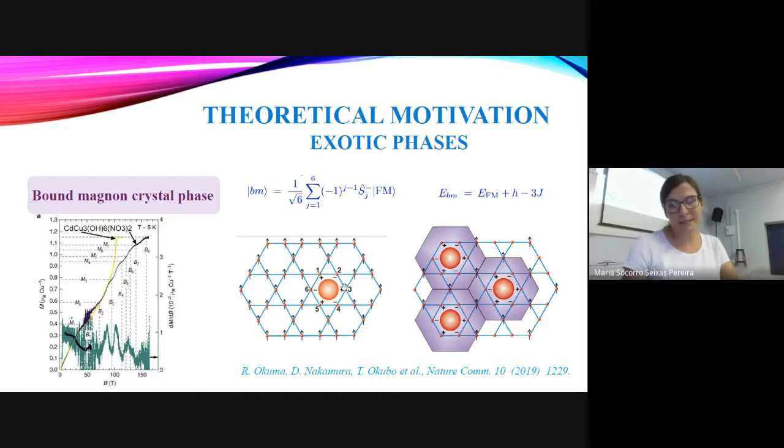It means that if you flip one spin on a hexagon, it is delocalized, but it cannot escape from the hexagon. So it's localized on the hexagon. And the most dense packing of these magnons really leads to the 7/9 plateau which was measured for this compound.